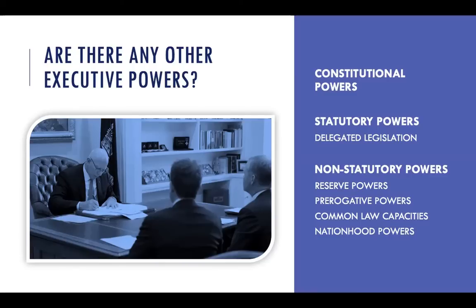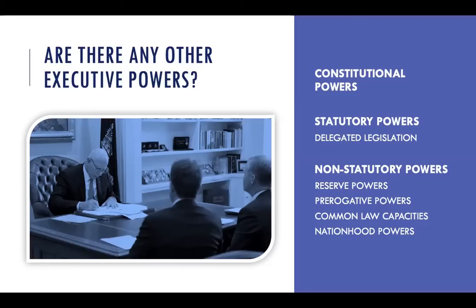The common law capacities of the Crown are kinds of prerogatives in the sense that they are non-statutory powers that belong to the Crown in its function as the executive. But the difference here is that the capacities of the Crown, the common law capacities, are powers that others also share. So while prerogatives are exclusive to the Crown, the capacities encompass powers that the Queen's subjects also have.